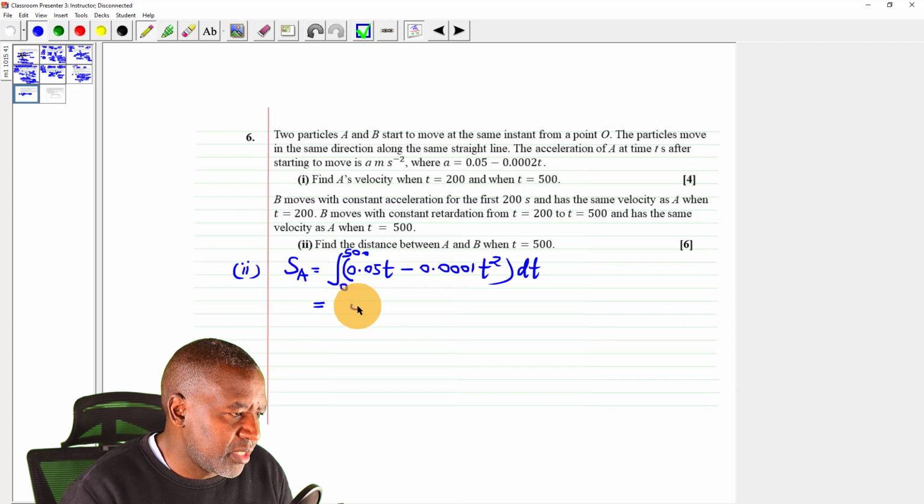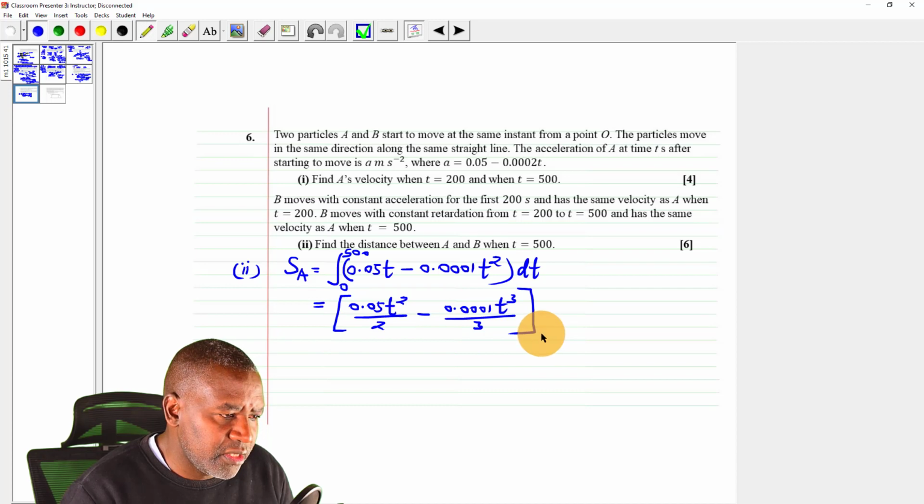So this one will be 0.05 t squared divided by 2 minus 0.0001 t cubed divided by 3. Then I substitute in the limits 0 and 500.